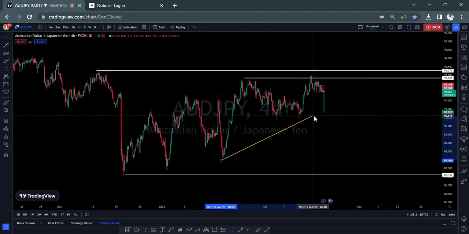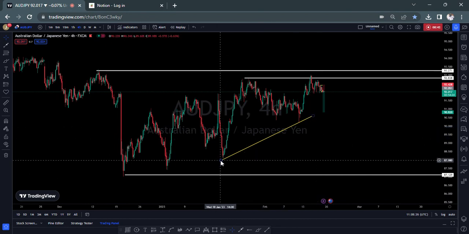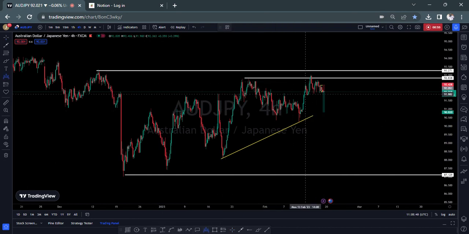So this is AUDJPY. That was the last pair I analyzed on my previous video. I told you guys that it was having something like an inverse head and shoulder. You can see something like this.